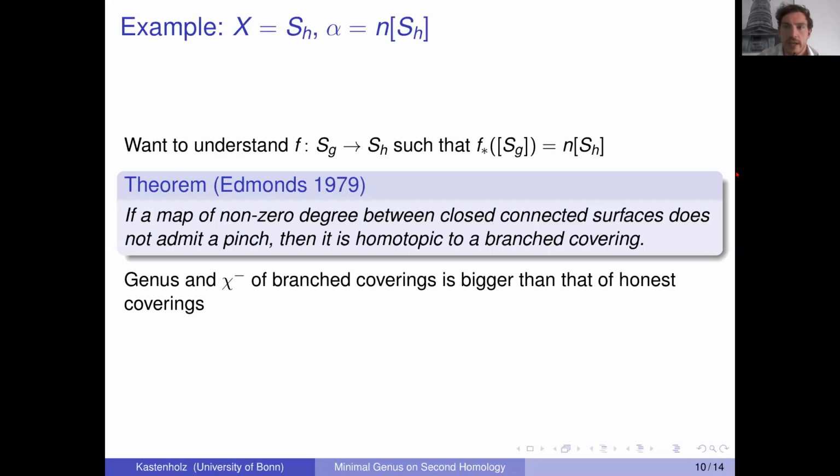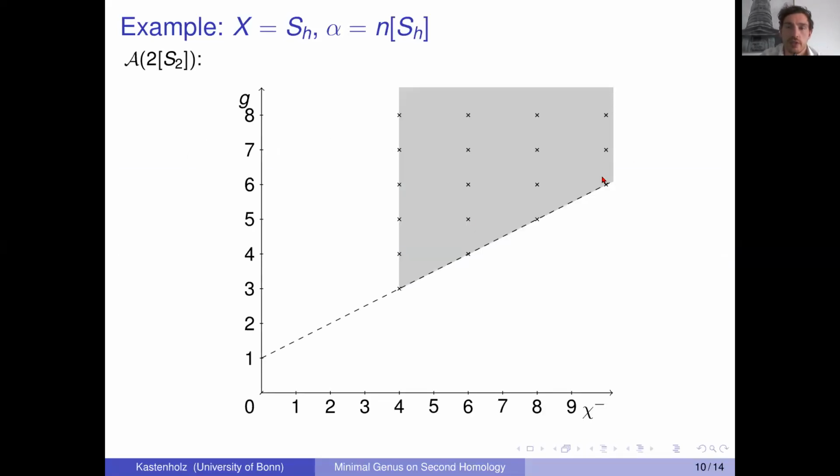Using that, we can just look at the attainable set of, say, 2 times the fundamental class of a surface of genus 2, which is just this triangle here, or this cone here, where this part here is given by a twofold connected covering of a surface of genus 2, which is easily seen to be a surface of genus 3.